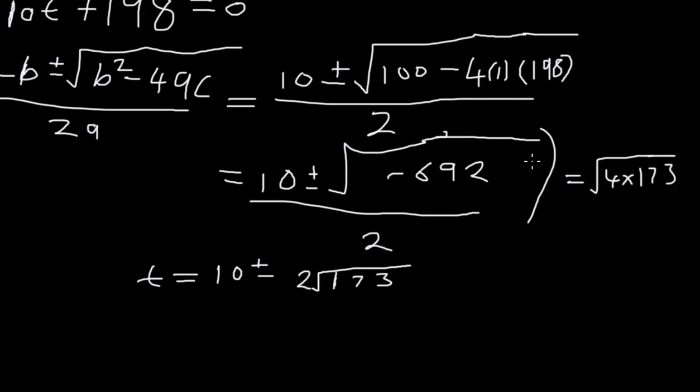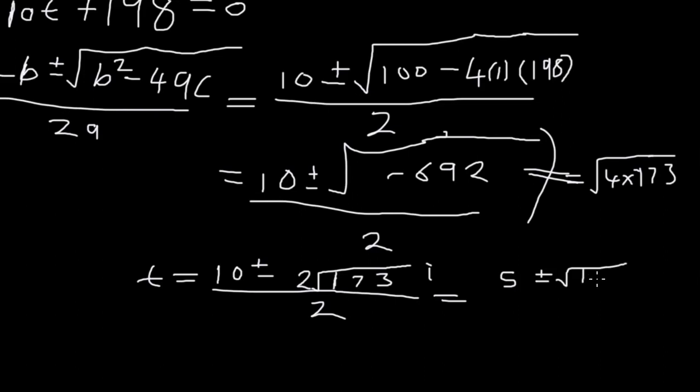So this under the root can be written as this, and when you separate it, you're going to have something like this. Then everything divided by 2, meaning it can also be simplified as 5 plus or minus the root of 173 i.